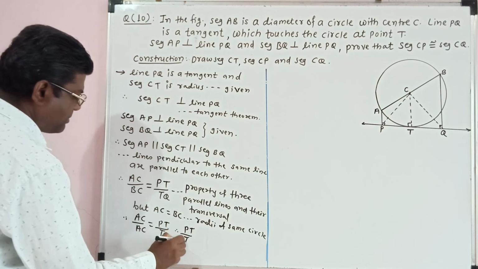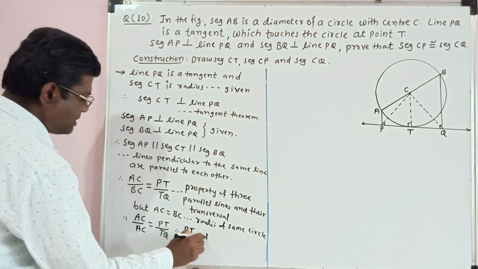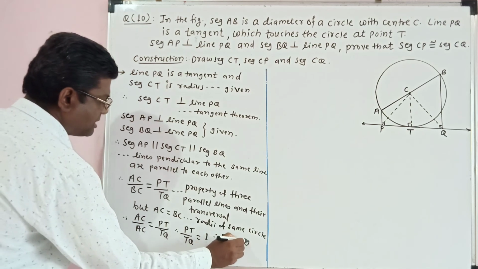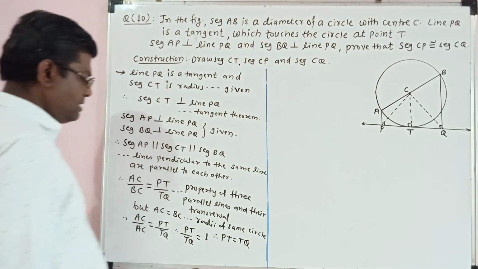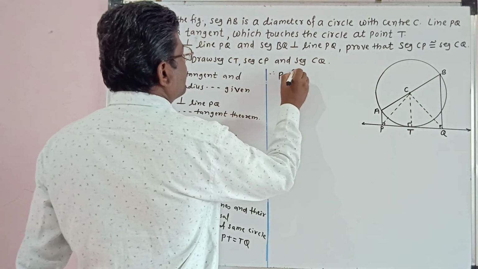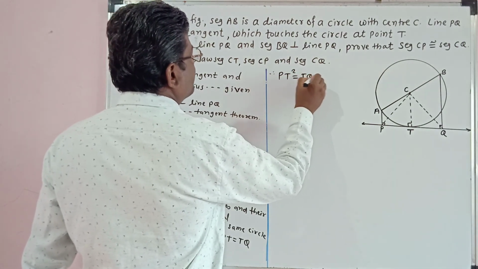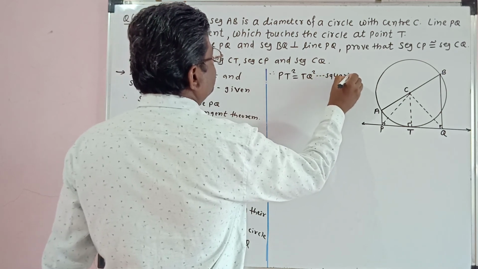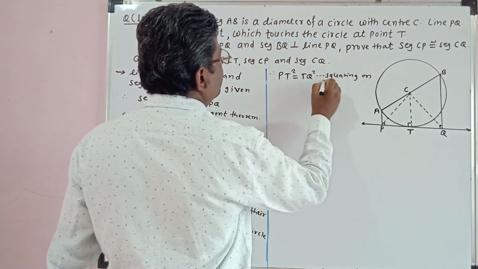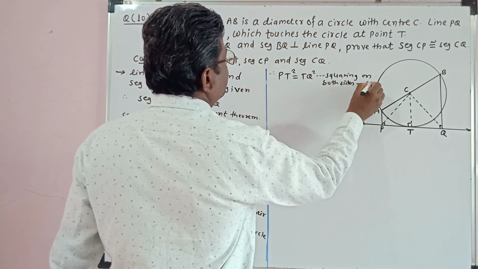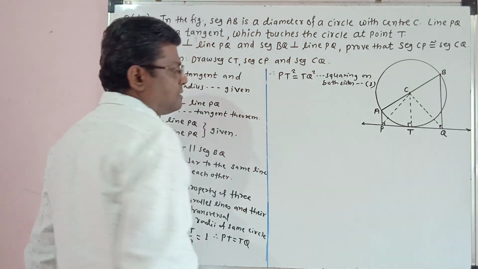Therefore PT upon TQ is equal to 1. Therefore PT is equal to TQ. Therefore, squaring on both sides, PT square is equal to TQ square. This is equation number 1.